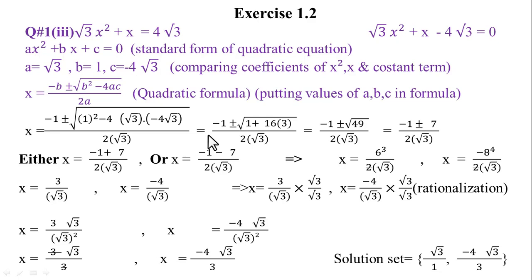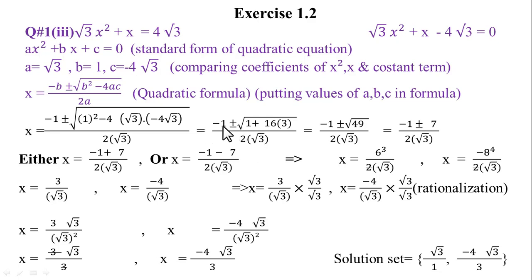Solving this, x is equal to minus 1 plus minus square root of 1 square is 1, 4 multiplied by 4, so 4 fours are 16, minus minus plus. So 1 plus 16 into square root of 3 multiplied by square root of 3 is equal to 3, because the square cancels out the square root, divided by 2 into square root of 3.